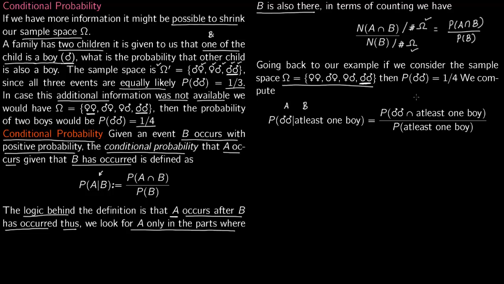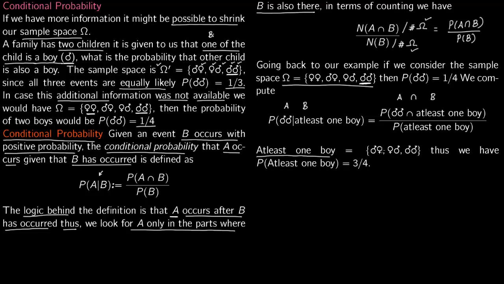This is equal to probability of A intersection B divided by probability of B. So probability of 2 boys intersection at least 1 boy, divided by probability of at least 1 boy. So what is the event at least one boy? It could be one boy one girl, one girl one boy, or two boys.